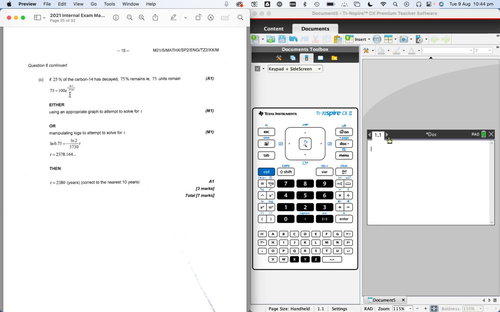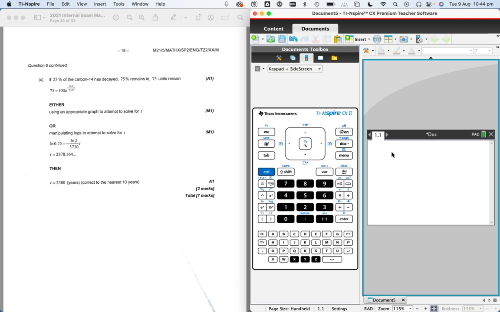Take the natural log of both sides, which means that this power, I know it's a complicated expression, but that's the power, ln2 over 5730t, comes down because the e and the ln cancel out, and we're left with ln 0.75. So on my calculator, and this is the bit I just wanted to show you really, I would take the natural log of 0.75, so there it is there.